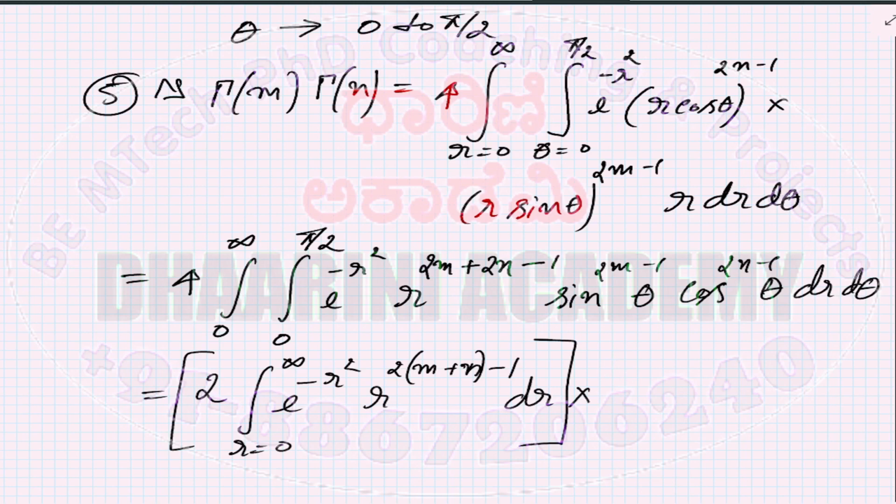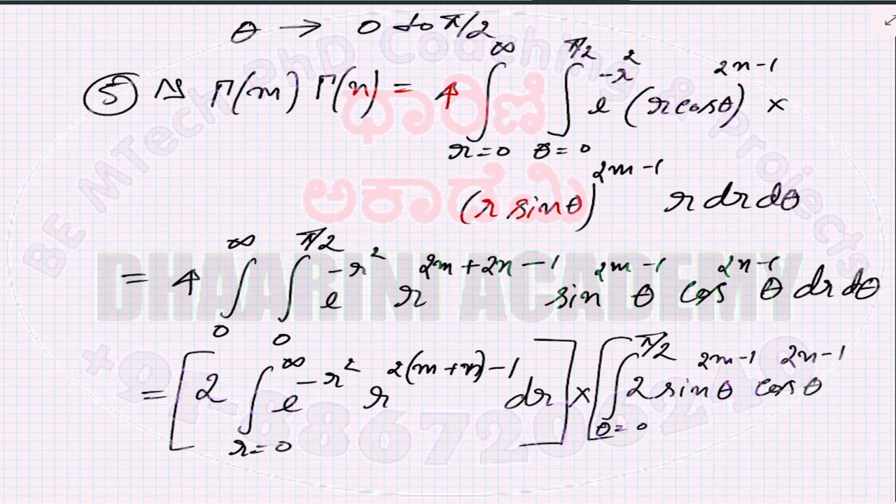Into, let me write the second term now, that is integral theta varying from 0 to pi by 2, right? I have a 2 coming up, because 4 was split into 2 into 2. The second 2 comes here, into sine to the power 2m minus 1 theta cos to the power 2n minus 1 theta into d theta.